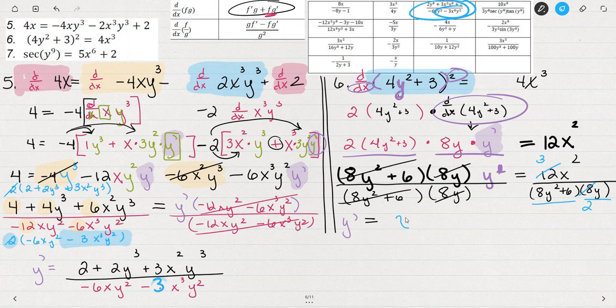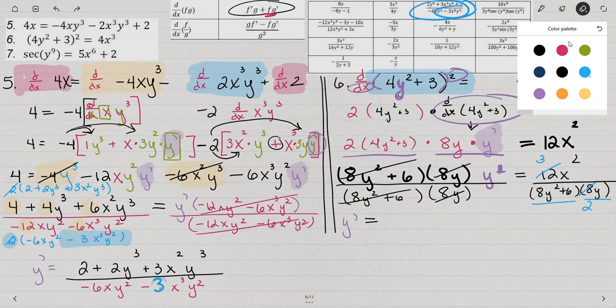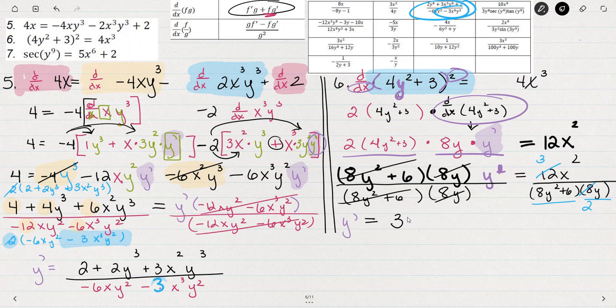So 2y times, let me write out what we've got here. We've got in the numerator a 3x squared. In the denominator, we've got 2y times 8y squared plus 6.